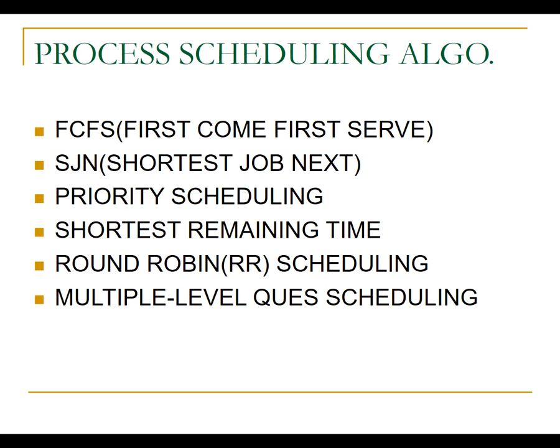Before concluding my lecture, in this particular discussion we have gone in depth into the process state diagram, and the component which resides inside the central processing unit for handling the process state diagram, called the process control block.